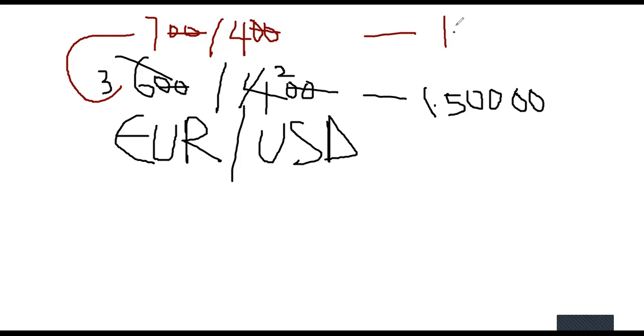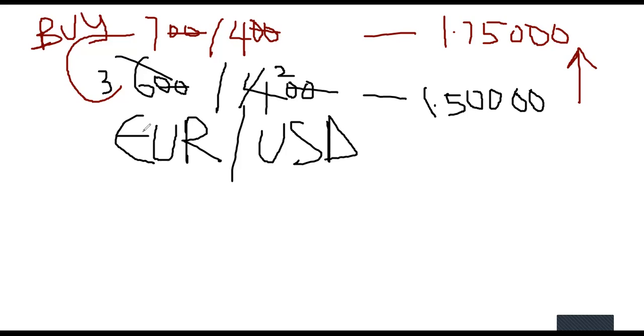That's 1.75000. Now, when Euro increases from 600 to 700, it means that there's an increment here. Please, this is an indication that we should enter this market as a buy.